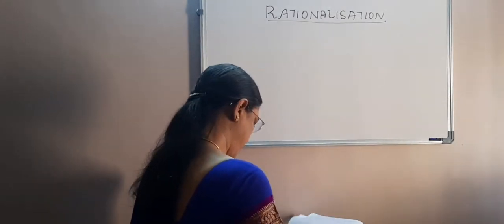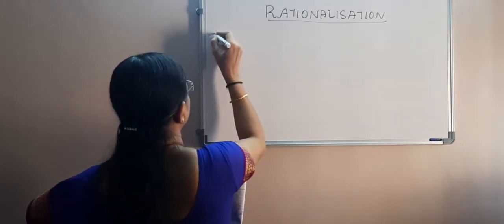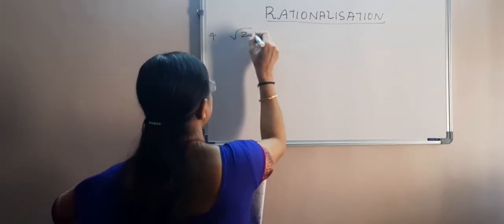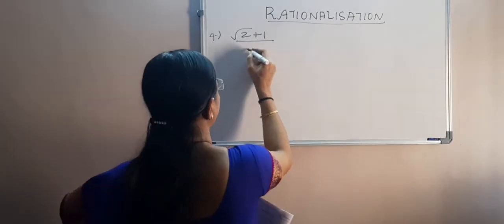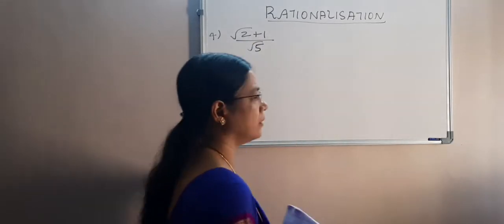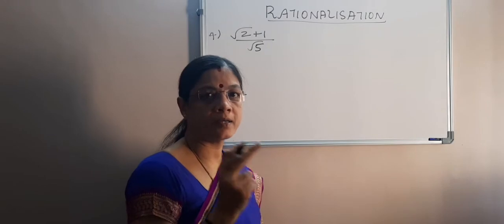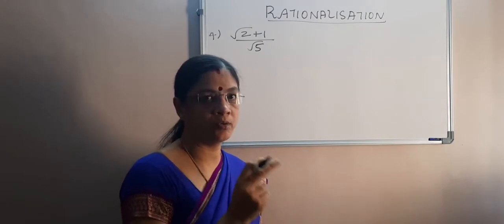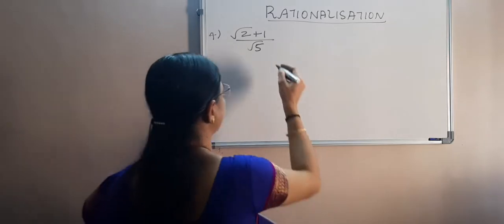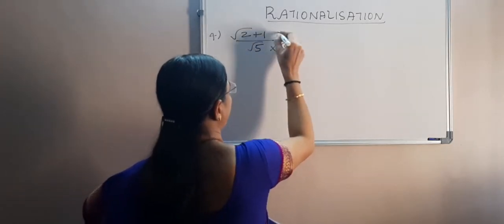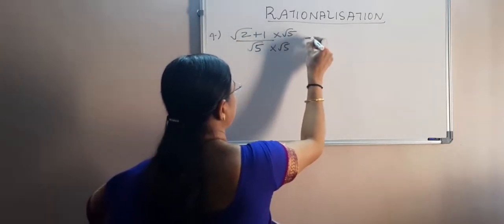Okay. So the next one is root 2 plus 1 divided by root 5. Here the numerator has some irrational numbers, but we don't consider the numerator. Just see the denominator, it has an irrational number in it. So multiply and divide by the irrational number.